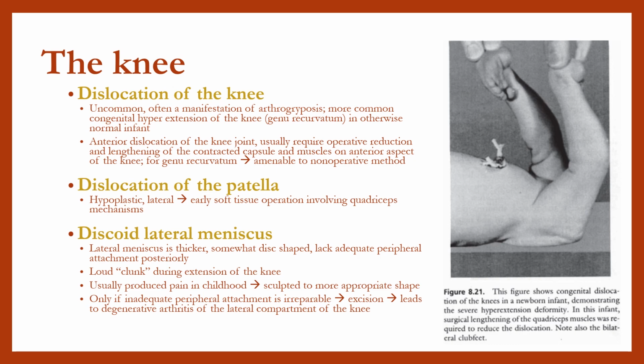Usually produces pain in childhood. If there is an inadequate peripheral attachment and it is irreparable, then we should do excision. It leads to degenerative arthritis of the lateral compartment of the knee.